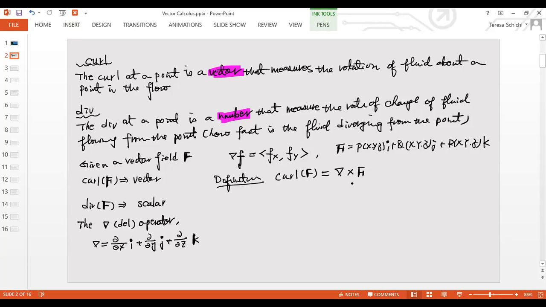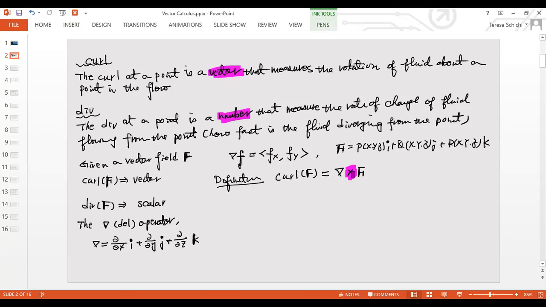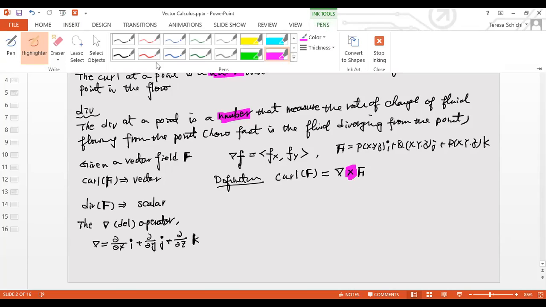So the way we define the curl is a cross product. This is very important.